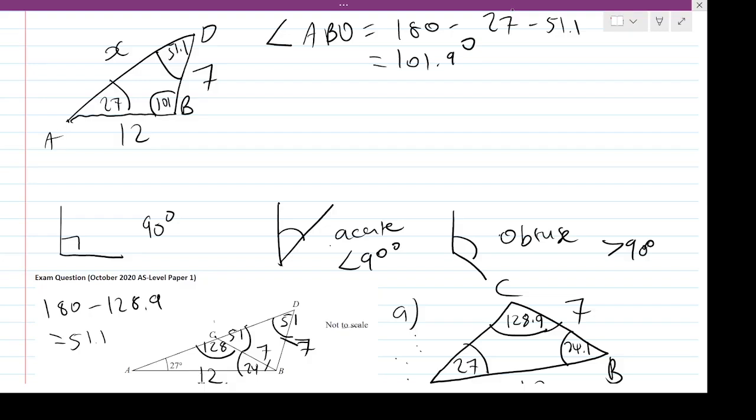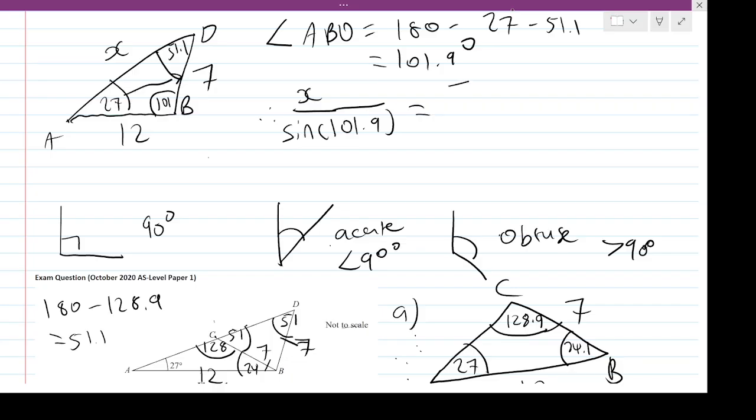So then I can use the sine rule. The length x over the opposite angle, which is sine of 101.9, equals another pair of opposite angle and side. We can take this 7 and angle 27.